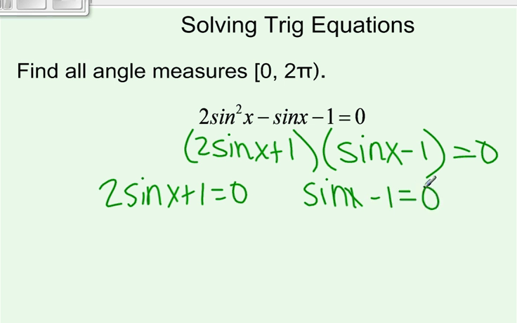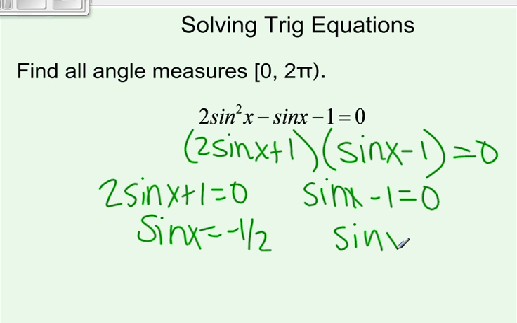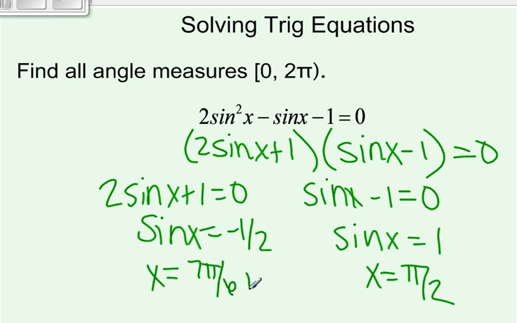Okay, so here we're going to get sine of x equals negative 1/2, and here we're going to get sine of x equals 1. So sine is 1 at pi over 2. And sine is negative 1/2 in the third and the fourth quadrants. So that's 7 pi over 6 and 11 pi over 6.